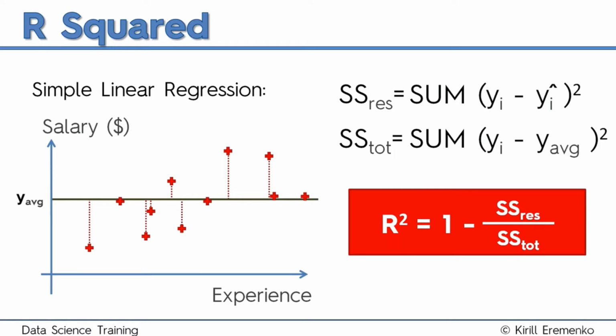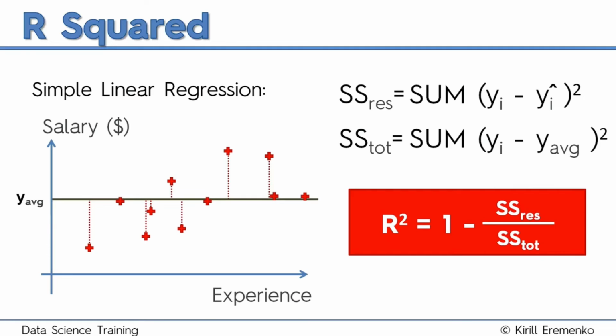And what R squared is telling us is how good your line is compared to the average line, which anybody can think of. It's not hard to take the average. You take a calculator, you get the average. But in order to fit the best fitting line, you have to actually run a linear regression. If you look at the formula, you're trying to minimize SS residual, the sum of squares of residual.